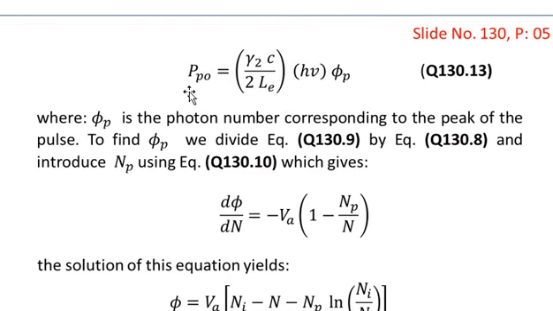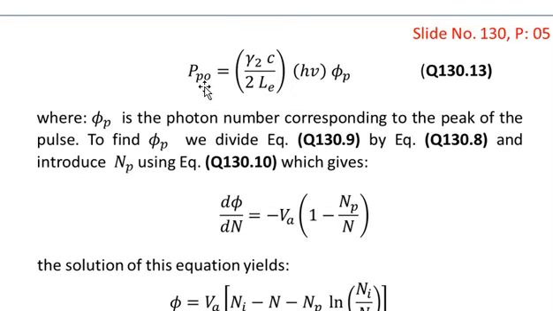So this is the value of the peak power. O stands for output, peak, and P stands for power. So the two subscripts are defined as the output peak, and this capital P is defined as the power. The output peak power from the laser output will be given as gamma 2 times c over 2 L_E times h nu times phi p.